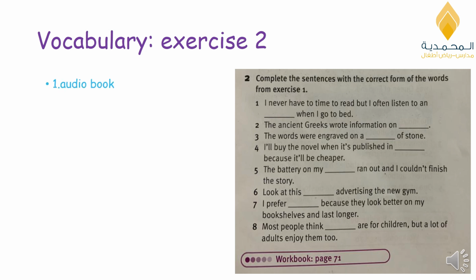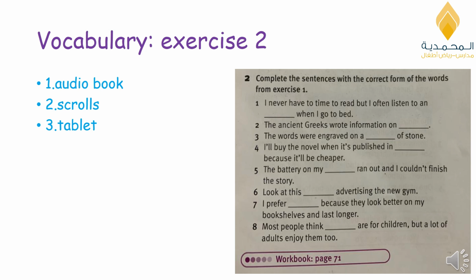Number 2, the ancient Greeks wrote information on scrolls. Number 3, the words were engraved on... We engrave on what? We scratch on what? On tablets of stone.